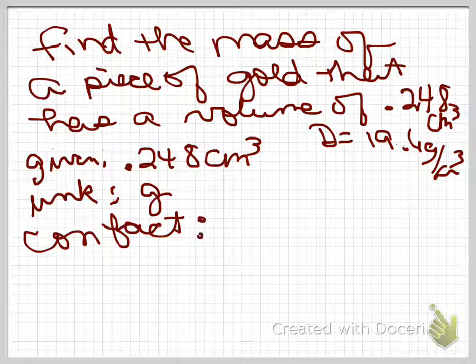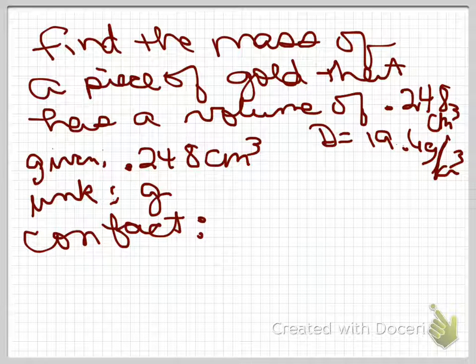All right. Now, since I had two numbers to choose from up top, I had to decide which one of these was my given. This slash bar right here, this per, that says that's a conversion factor.